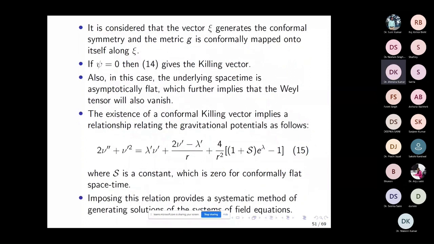If it is considered that the vector Xi generates the conformal symmetry, the metric g is conformally mapped onto itself along Xi.